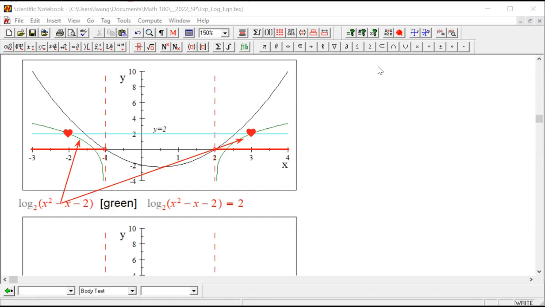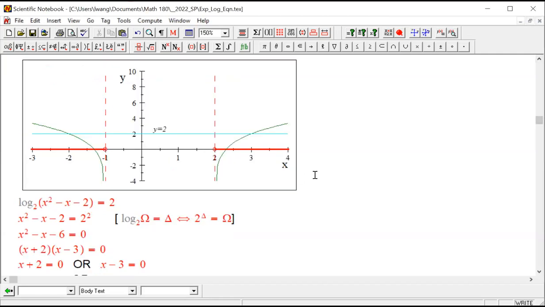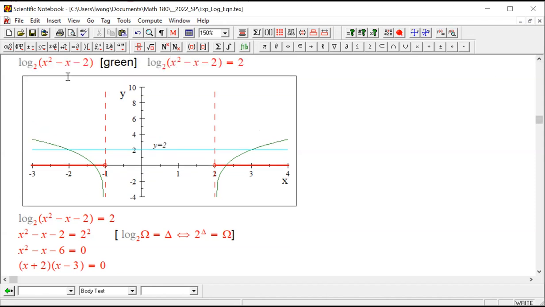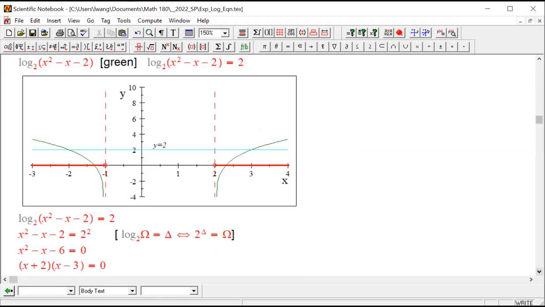Okay, so we're gonna use an algebraic way to solve it. And this is the picture which entirely is log base 2 of x. So it's just this piece, the green.